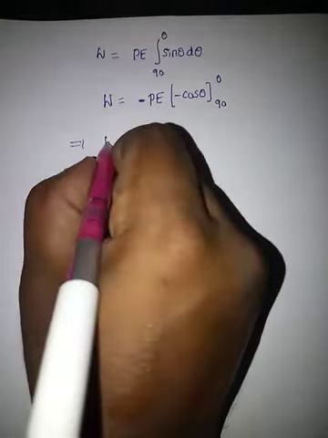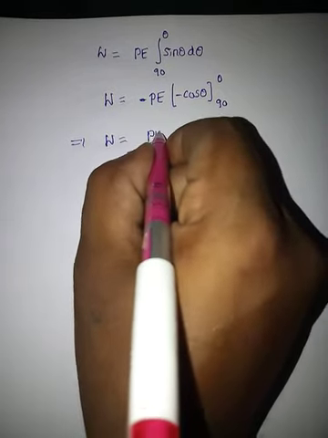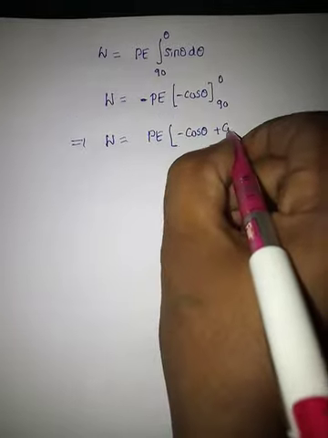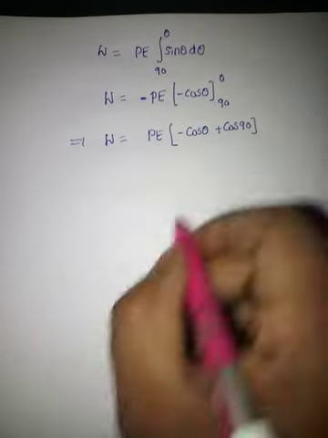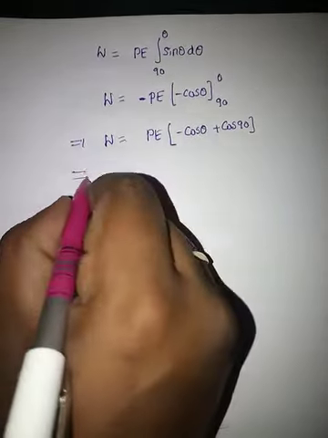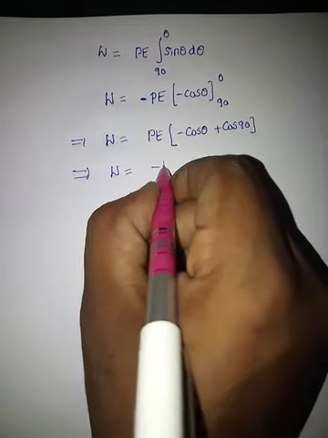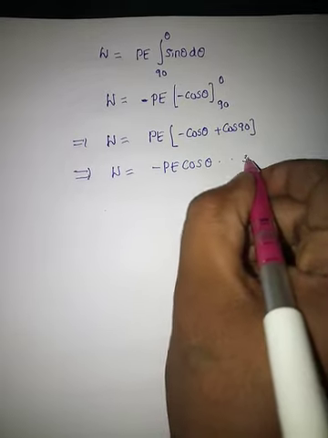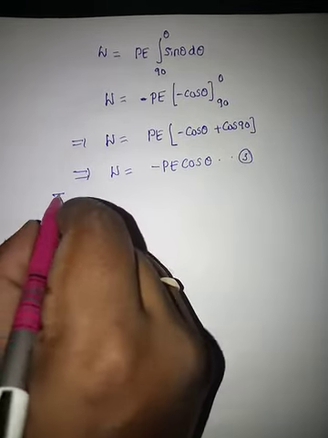That implies W is equal to, applying the limits, minus cos theta plus cos 90. Cos 90 is how much? 0. So we can write W is equal to minus P cos theta.